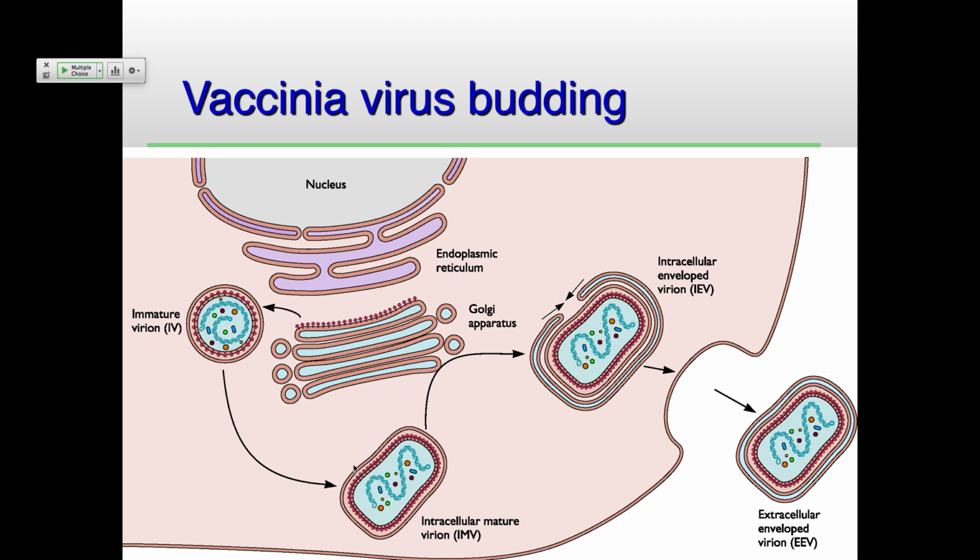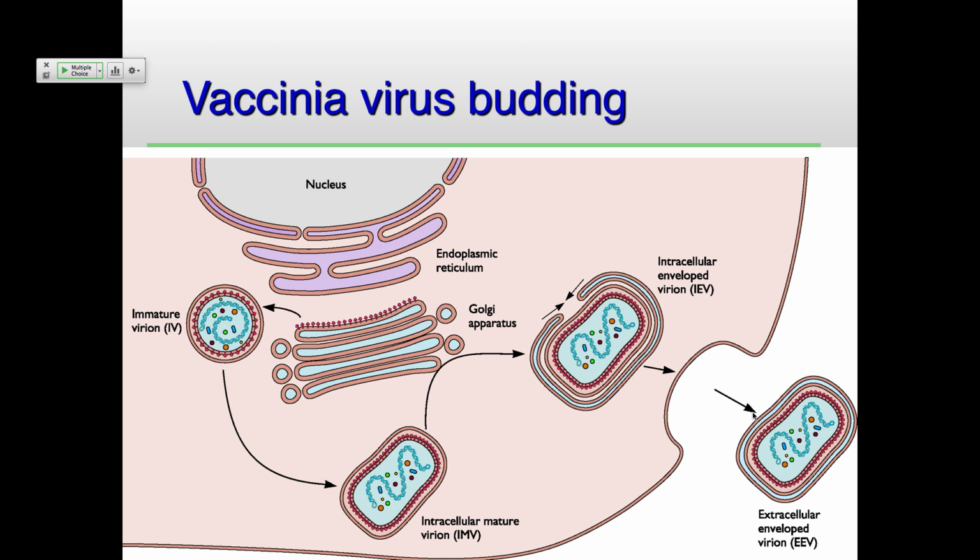And this would be, again, the one which, when cells die, can be transmitted to other organisms. But if they're going to transfer from cell to cell, they end up picking up yet an extra membrane here. This extra double membrane will fuse with the plasma membrane. And now you have a double membrane formed virion, which can go out and infect other cells.